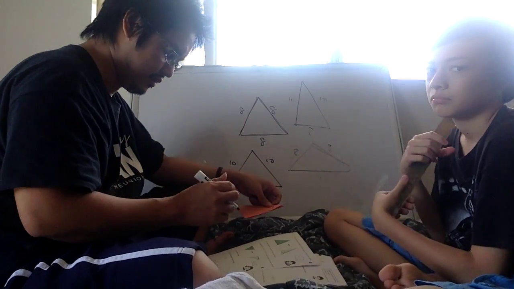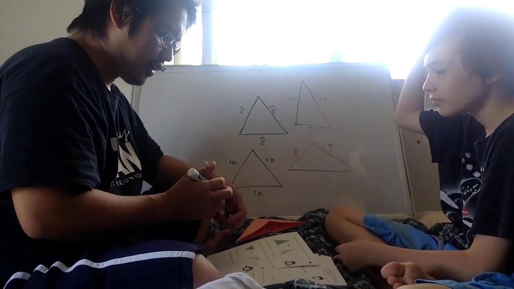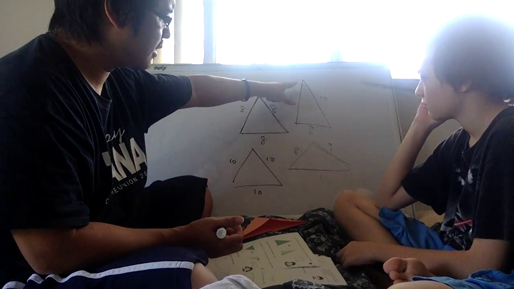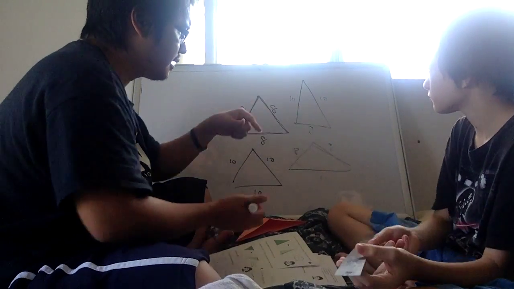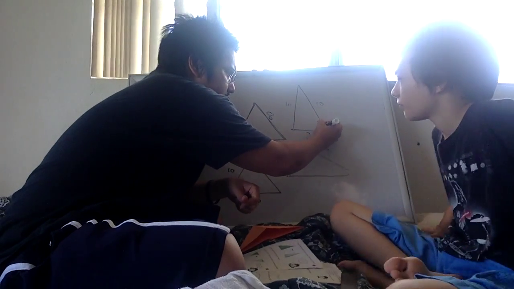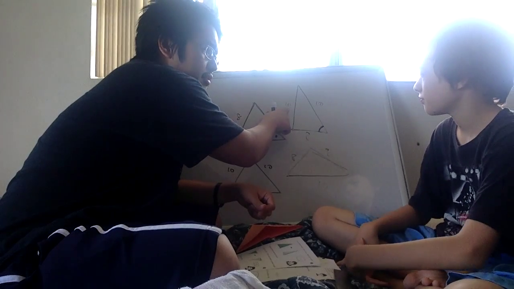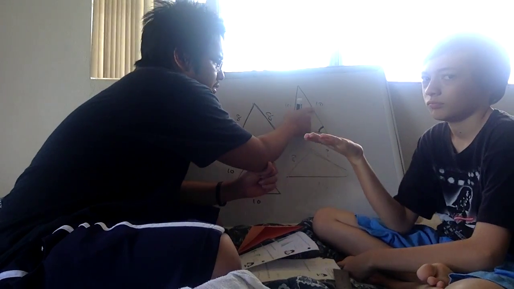So look, angles opposite of the equal sides. Let's look back at the isosceles triangle. Those 2 sides are equal, yeah? This angle right here is opposite to that equal side, and this angle right here is also opposite to this equal side.